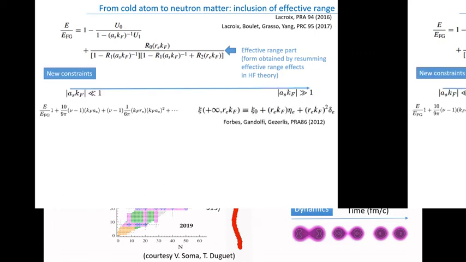This is why the quantum Monte Carlo was very useful, because we know the expansion in the low density limit, but we needed the expansion in the effective range. People, especially from nuclear physics, used the same technology as for cold atoms, and looked at how the Bertsch-like parameter was evolving with the effective range. So we use this.